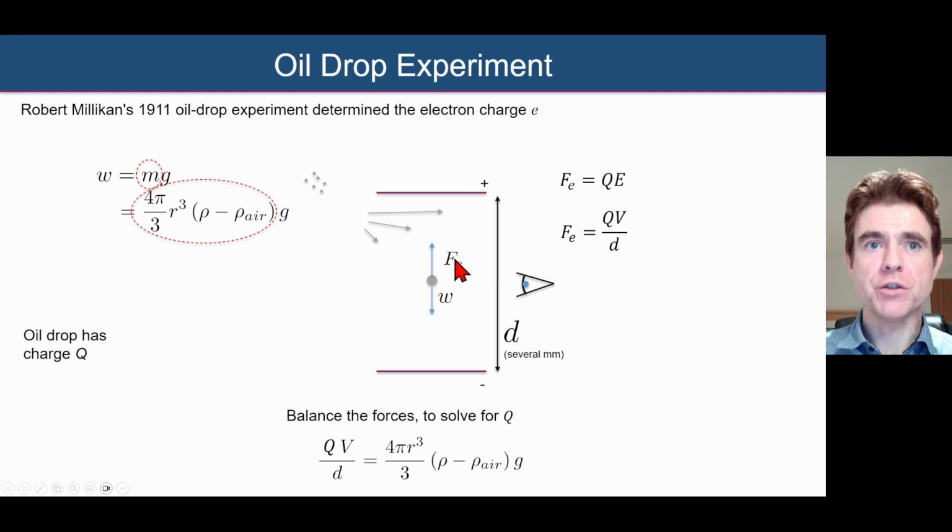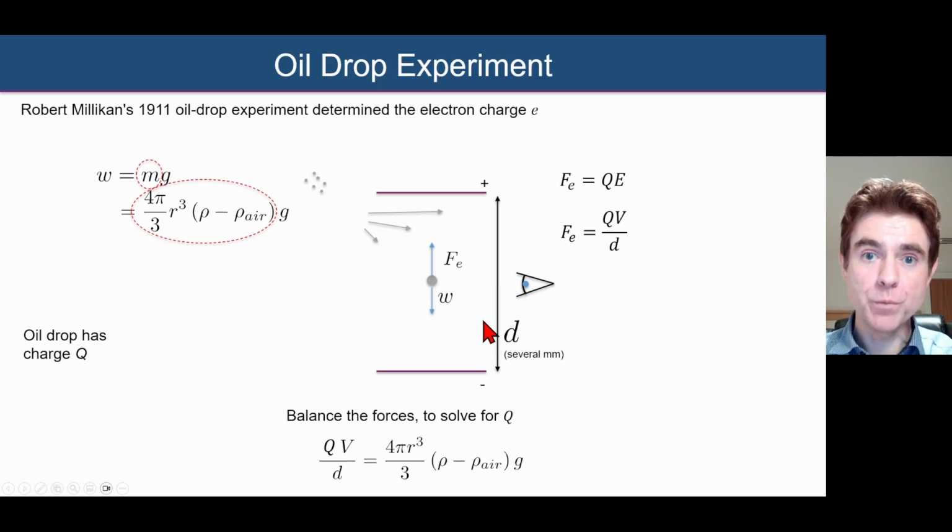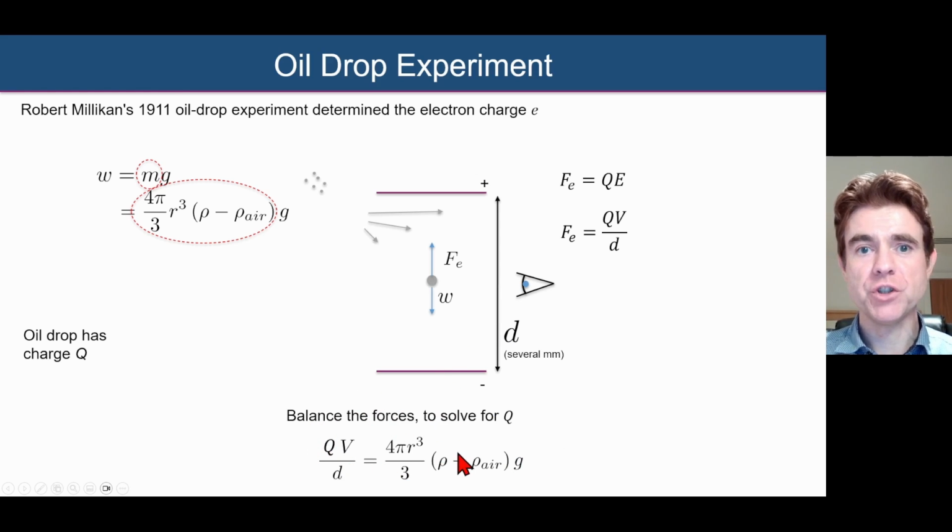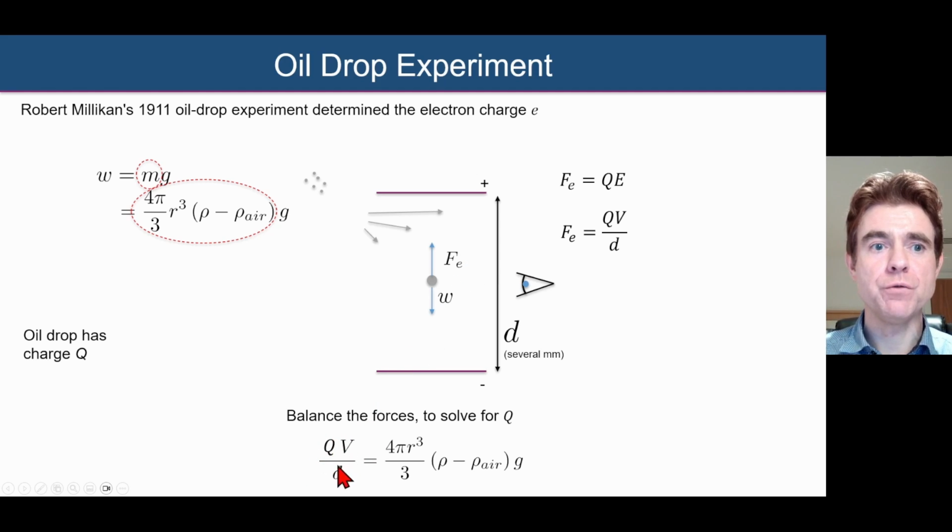If we adjust the electric field E, in other words the potential V, we could hopefully get the oil drop to remain stationary, and then this crucial equation would hold true: the force upwards, Fe, which is QV over d, would equal the gravitational force downwards, the volume times the effective density times the acceleration due to gravity. That's just equating those two forces. And then in principle, we're all good to go. We could solve for the unknown charge Q on that oil droplet.